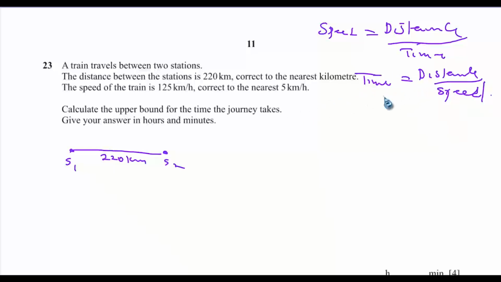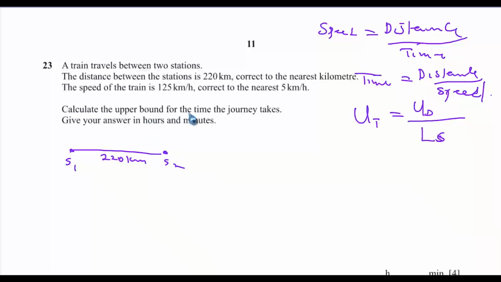So the upper bound for the time will be equal to the upper bound of the distance, d, over the lower bound of the speed. So the first thing I need to do is to get the upper bound of the distance and the lower bound of the speed.